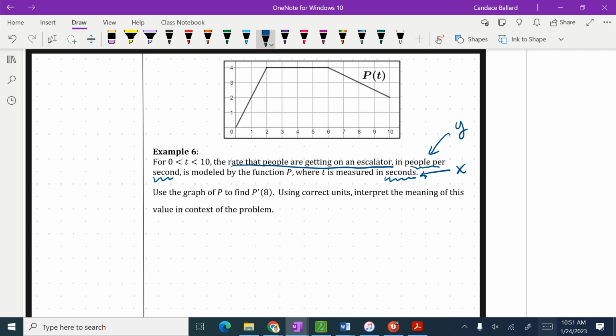Okay. All right. We're going to use the graph of P to find P prime of 8. Using correct units, interpret the meaning of the value. So all I'm going to do first of all is make sure I pick up this point and figure out what that is. So it's saying we're taking the derivative. What does that mean with a graph? The slope. I need to find the slope of that graph, right?